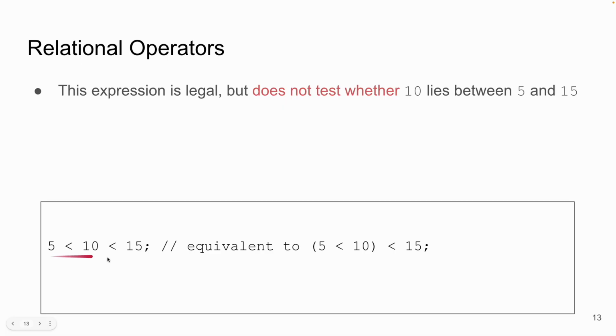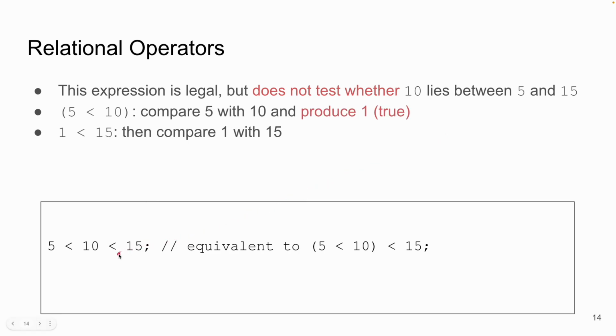If we write down this expression in C, it does not test whether 10 lies between 5 and 15. What this expression will do is evaluate this sub-expression first. This sub-expression compares 5 with 10 to see if it is true.